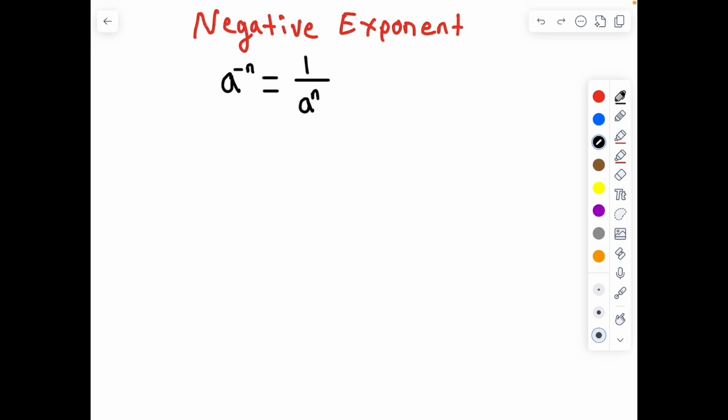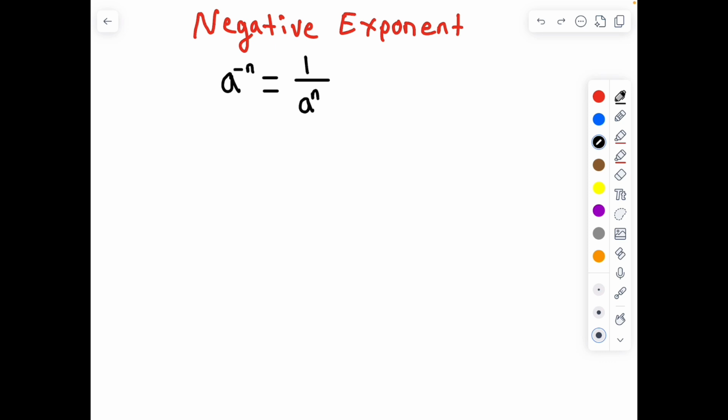Now for the negative exponent rule. A negative exponent means you're flipping the base to the denominator. So in this expression, a can be any number or variable, where n is a number. And it's not negative like a negative number. It just means the base moves to the denominator.